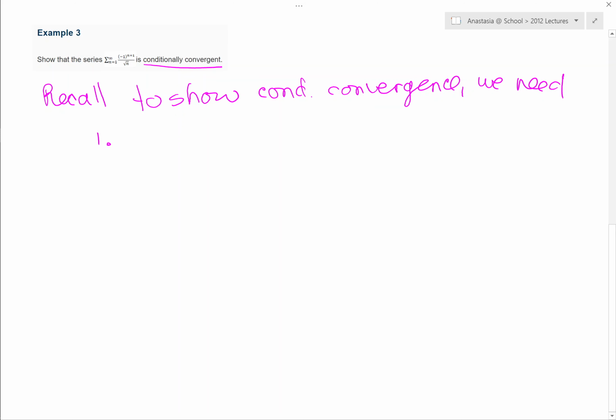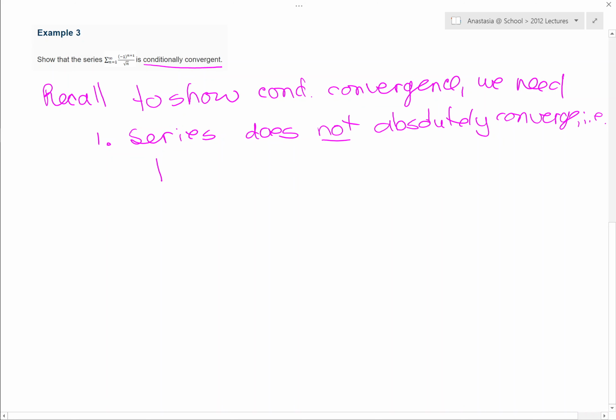So first, we need to show that the series does not absolutely converge. In other words, that means that our series of absolute values, so the sum of the absolute value of a_n, diverges. We must show that.